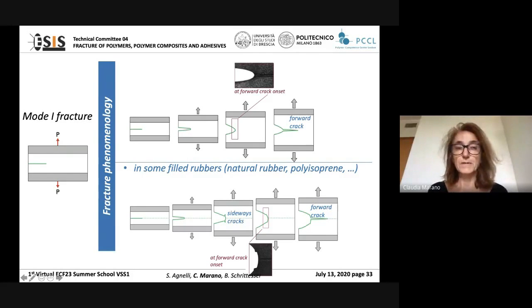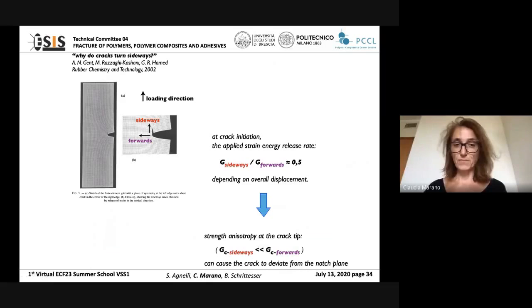And why do sideways cracks form? It was demonstrated by FEM analysis that at the tip of a crack in a loaded notched specimen, there is both energy available for the propagation of the crack in the forward direction, but there is also some energy available for propagation of the crack in a sideways direction, parallel to the loading direction. But the latter term is significantly lower than the former one.